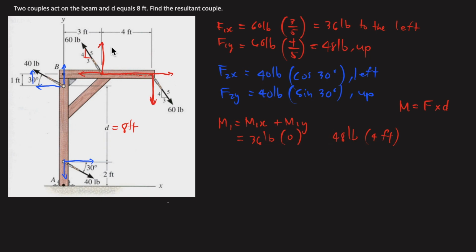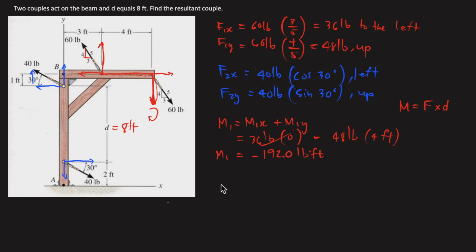For this, we're dealing with the y component, so we're just looking at the y component. This is going down and this is going up, and it can produce a clockwise rotation. Clockwise rotation is negative, so that's why we put a negative sign here. Therefore, M1 is equal to, since this becomes 0, negative 192.0 pound feet.